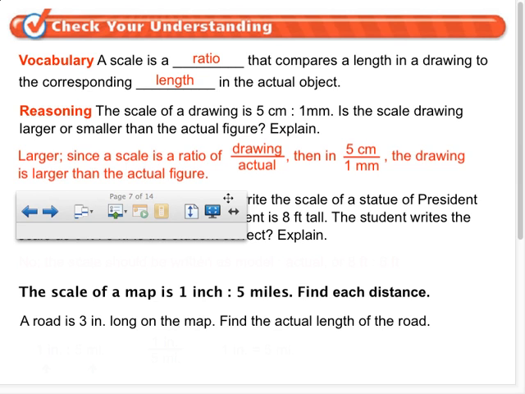Okay, can you guys come up with an example where your drawing would be larger than the actual thing? Can somebody come up with an example where your drawing is larger than the actual? Caleb, do you have an example? Just quickly give me an example.